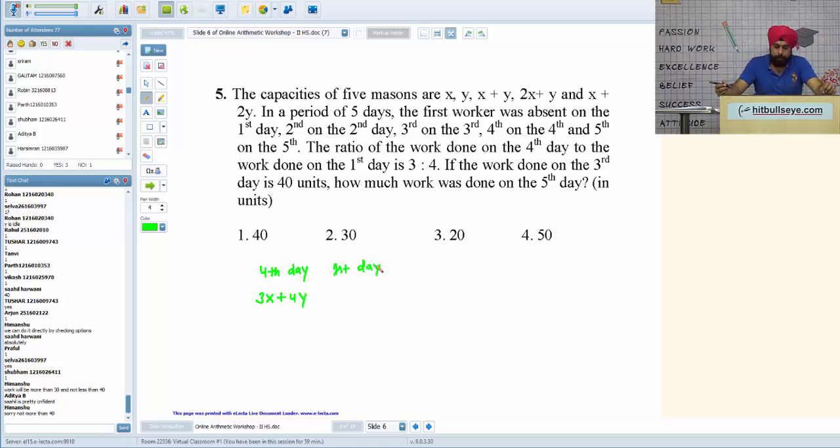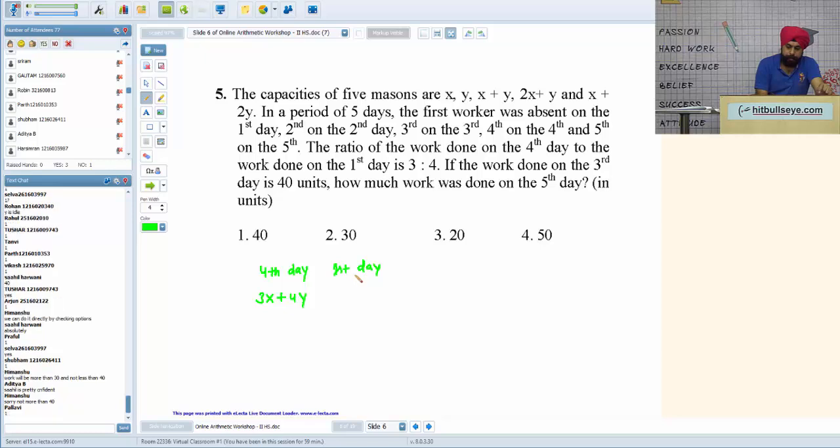So y plus x plus y plus 2x plus y plus x plus 2y becomes 4x plus 5y. Now students, if you see carefully, this ratio is given to us as 3/4. And if you solve it, you get the answer as y equal to 0.